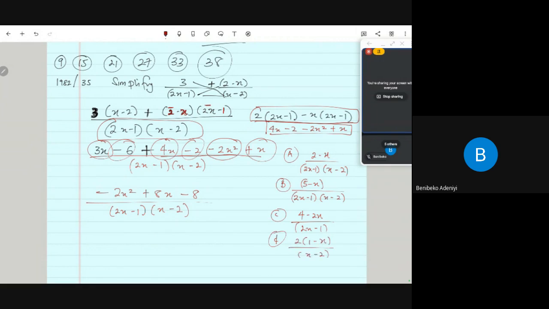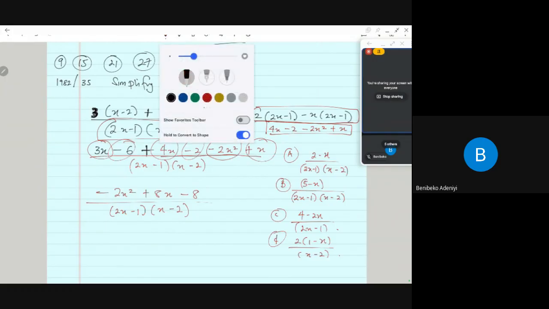Now, from these options, you can see that we only have one of the denominators we have here. So there's something that's going to happen. I already know what's going to happen, but maybe you guys can also see it as well. The first thing I'm going to do is bring out minus 2 from here.